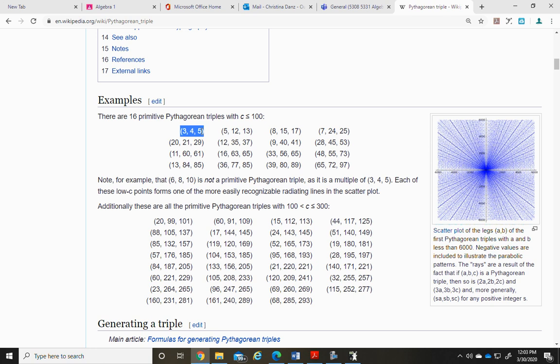And of course, any multiples of that. So 6, 8, 10, or 9, 12, 15, and so on. A 30, 40, 50. So if you wanted to write down the 3 that we talked about, you could, but honestly, you could just test it by using the Pythagorean theorem.